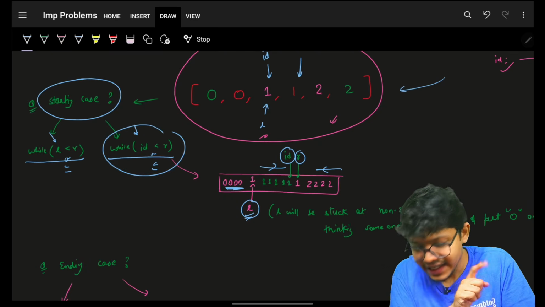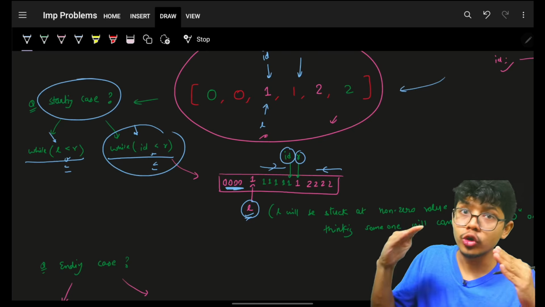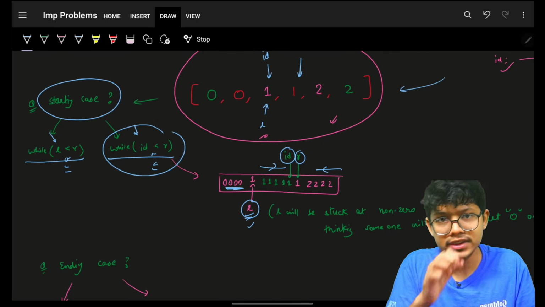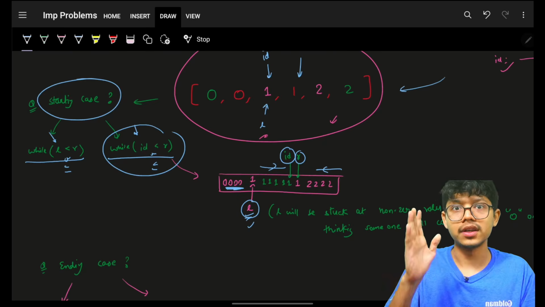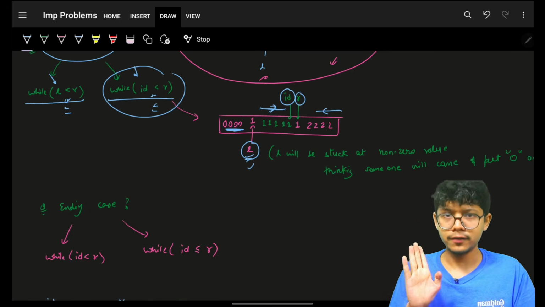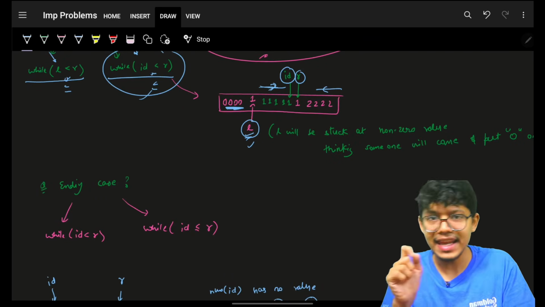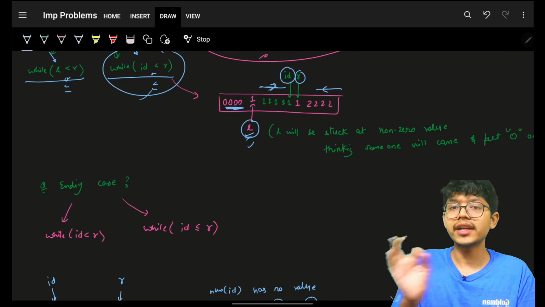ID will be close to R and will actually tend to cross R, because L will remain constant at this one forever, but my ID will keep on moving forward. So I realized one thing for sure: I have to make sure that while ID is less than R, or ID is less than or equal to R, this is the condition I should follow.